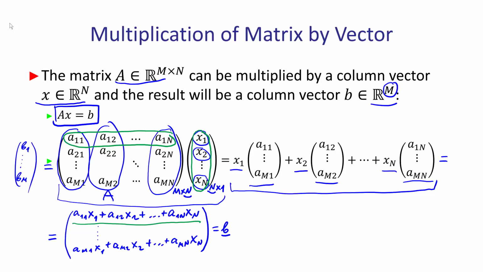To get the last line, you again take the last row of the matrix and multiply by vector x, element by element, and add all of the elements together to get the last element. So technically you can look at the multiplication of a matrix by a vector from a different perspective. You can think about that as multiplication of each row by the column vector, and this will be the result b that you are looking for in the multiplication.